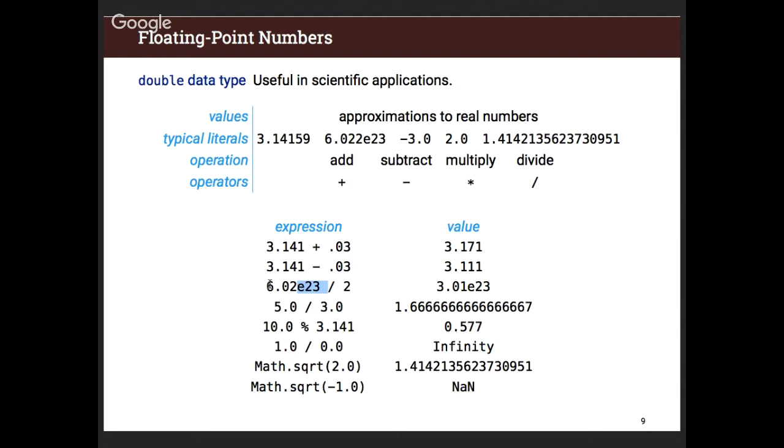Then let's look at two other odd things. You can get the square root of a number, 1.414. That's right. By writing math.sqrt and then in parentheses the number you want to take the square root of. So Java has these built-in functions that you can call, and there's a whole list on the next page.